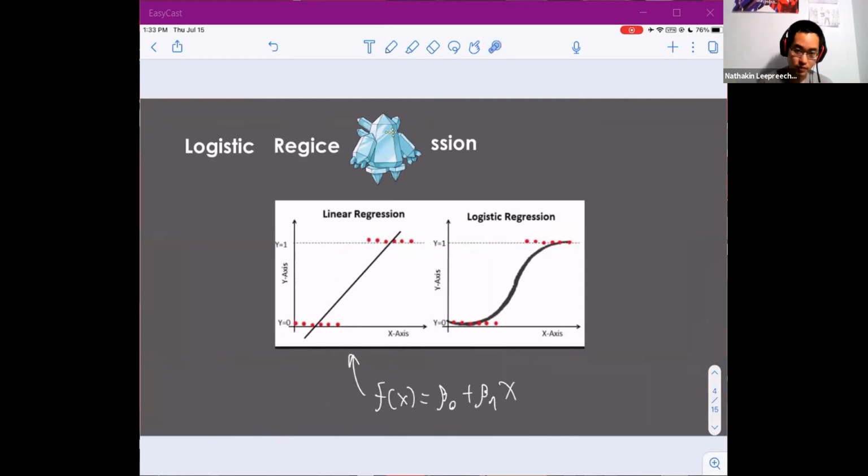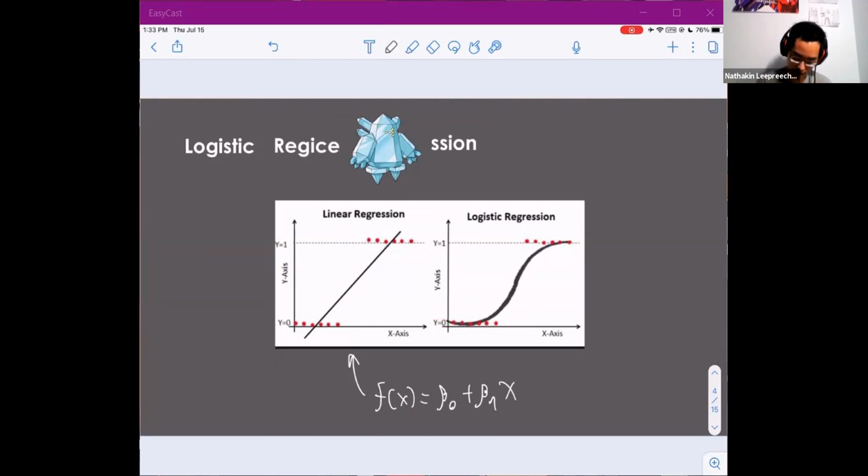But in order to classify, we want to set a threshold and see if that's below the threshold or not. So we want to somehow limit the y value to be between 0 and 1.